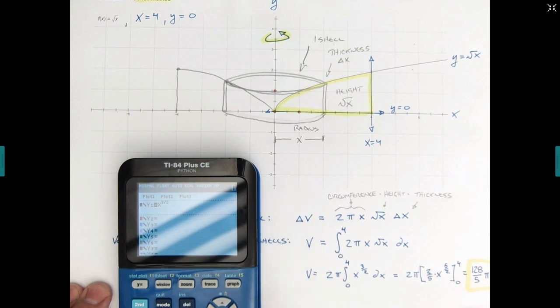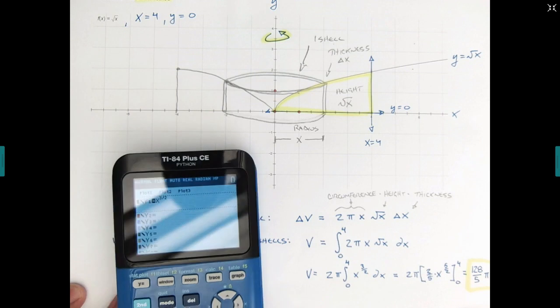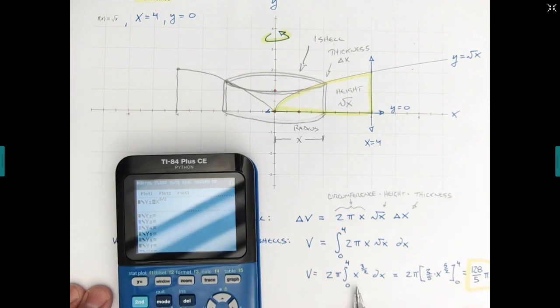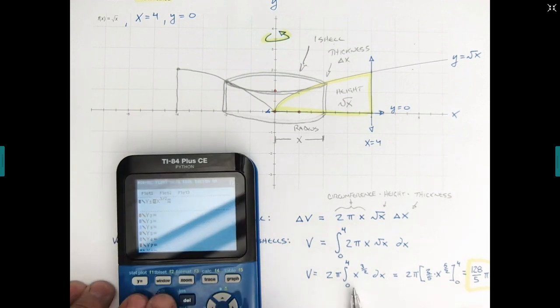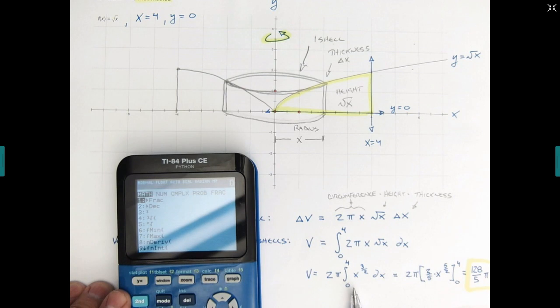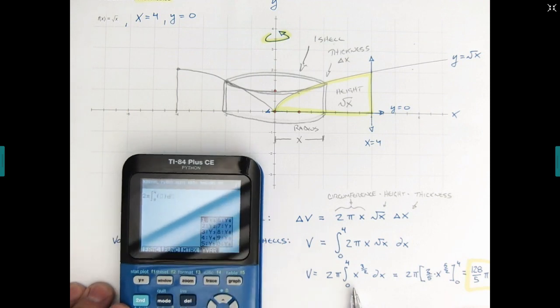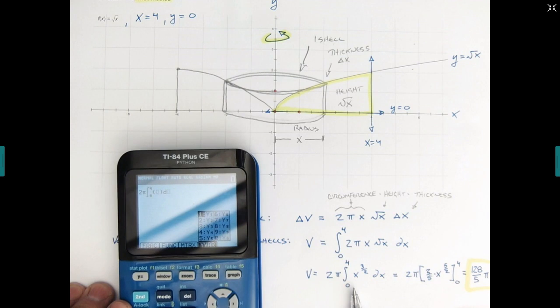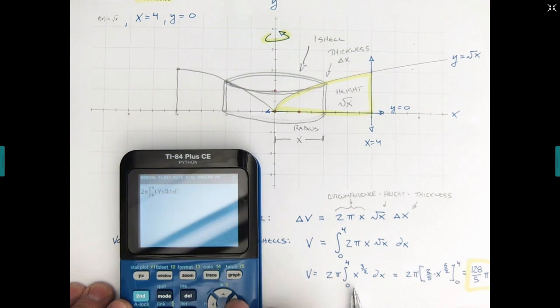There we go. So I've just typed in x to the 3/2 power, this part right here. And so I'll leave, second quit, and I'll go to my home screen, and I'm going to type in 2 pi, and then I'll call up my function integrate, number 9, under the math menu. The limits of integration 0 and 4. Integrand was here in y1. Green button F4 is a little shortcut button.